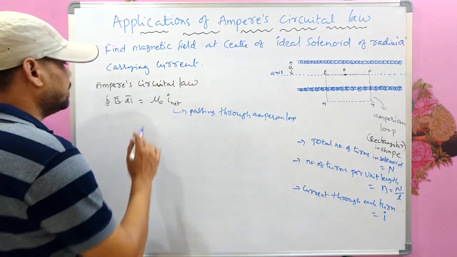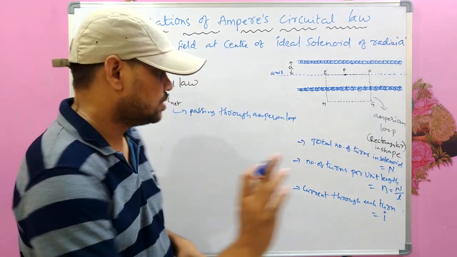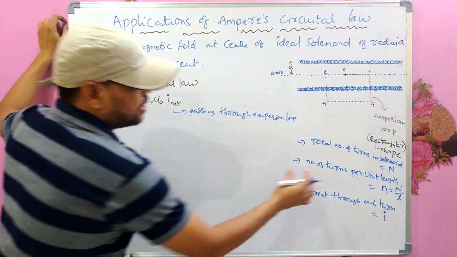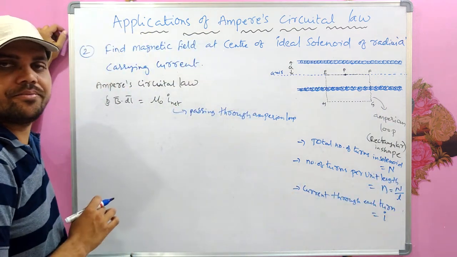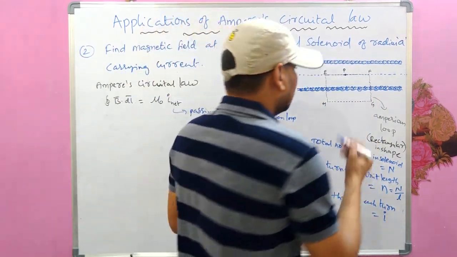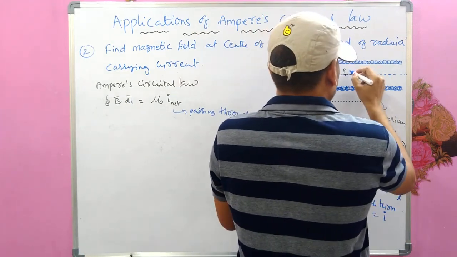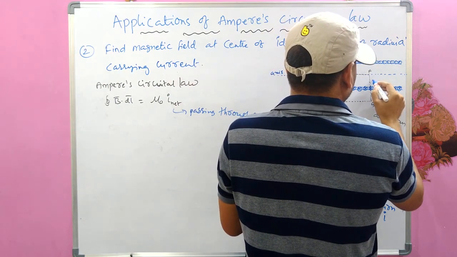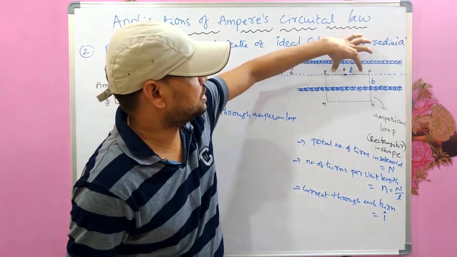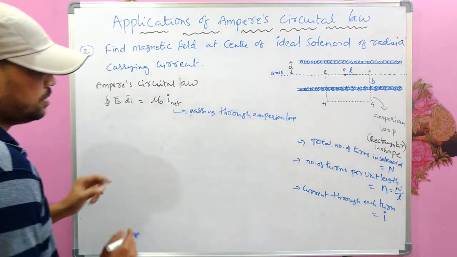So first let us find out how much is I net. We know that the current through each turn is I and the number of turns per unit length is n. So let us say that the length of this rectangular Amperian loop is L and its width is B.